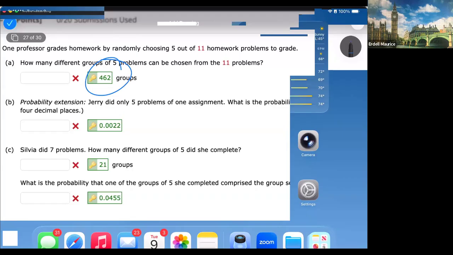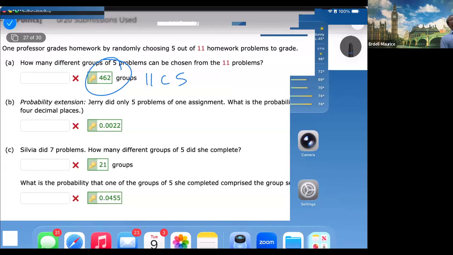Did everybody get this answer? Anyone not sure? Is this a permutation or is this a combination? It's a combination. And so the answer is going to be 11C5.